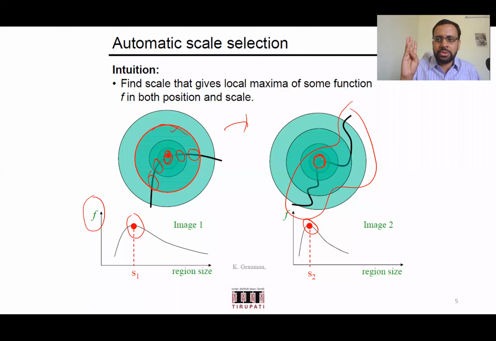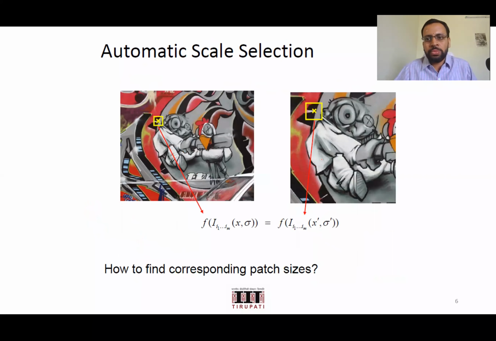One is x location, assuming it's a 2D image. It has a vector of three parameters, x, y, and sigma, right? So more realistic image here than the earlier one. So perhaps this is the scale at which this point would be a good key point.